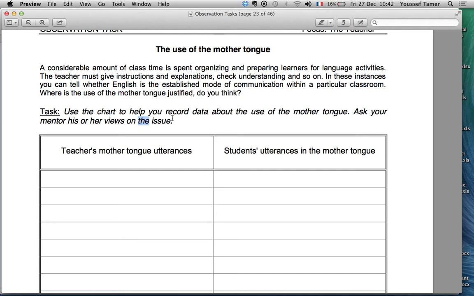What I mean by units is sentences or utterances. Sometimes they are just utterances. As an example, it could be something like 100 in literacy-related events in English, and only maybe 10 units in Arabic or French.